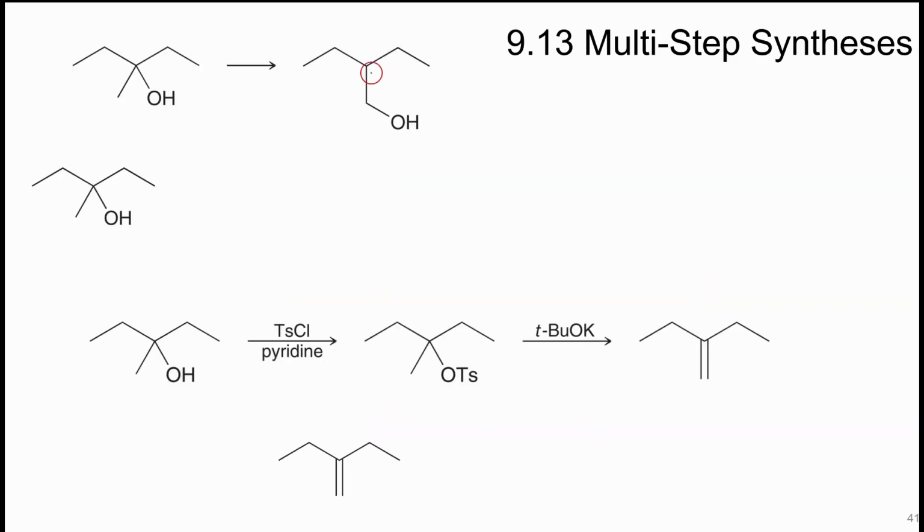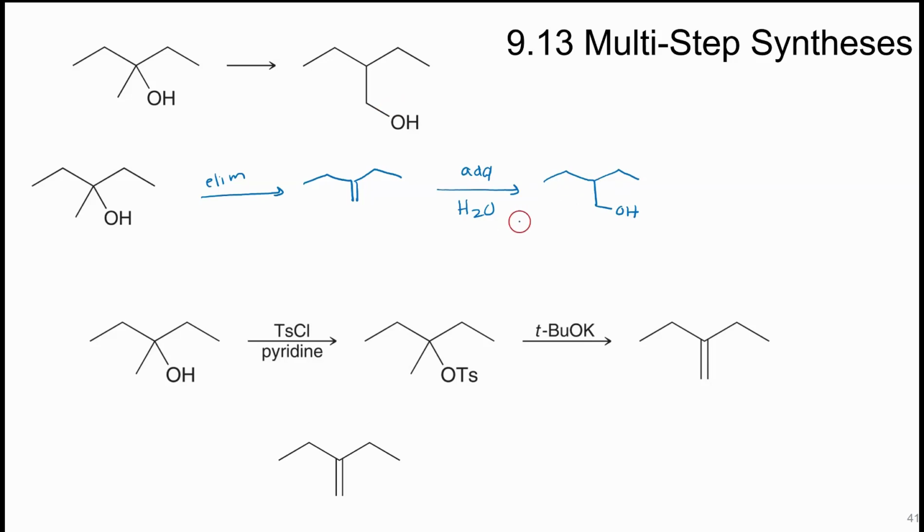If I want to make this alcohol, this is kind of a similar process where we have the alcohol going from tertiary into shifting over one carbon. The strategy again is to do an elimination. If I can eliminate it this way, then I can add water to get this.